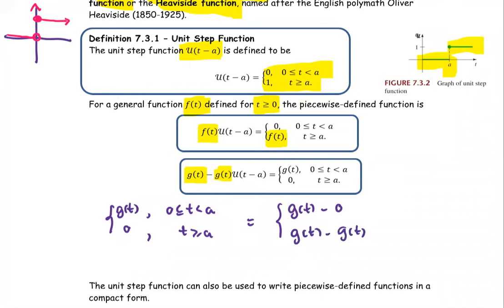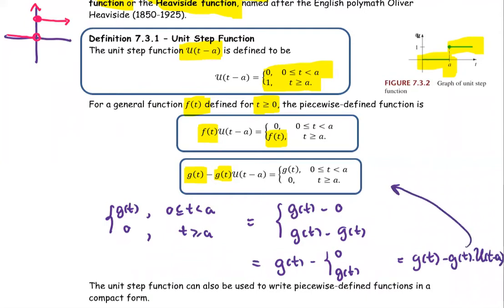Then we can rewrite this as the difference of g of t and the piecewise defined function that is 0 for the first part and g of t for the second part. Then we can write this in the unit step function form as g of t minus g of t times the unit step function t minus a. Now I'm going to name the first box with one star and the second one with two stars.